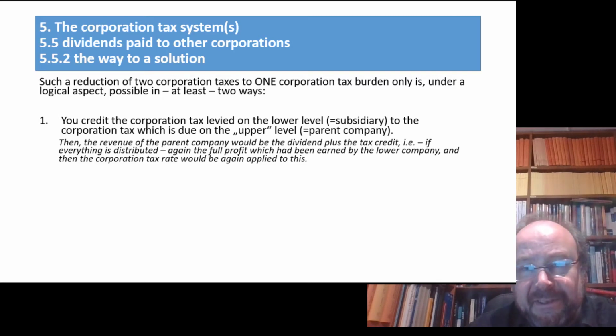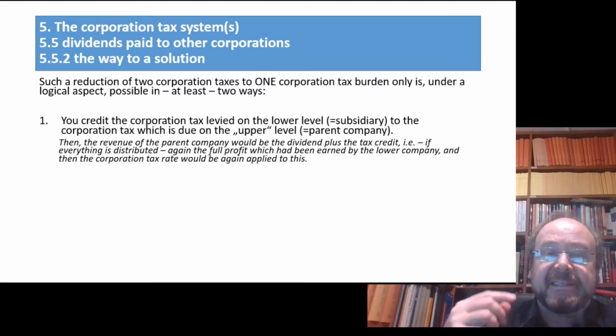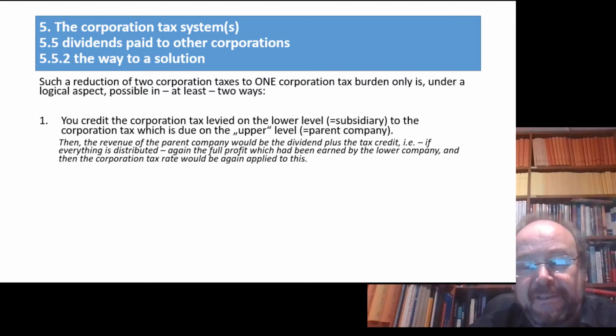So that leads to the following result. Your dividend revenue then consists of the dividend which you get from the subsidiary plus the amount of the tax credit granted on that dividend, because a tax credit lowers your fiscal burden, so it is as good as money.